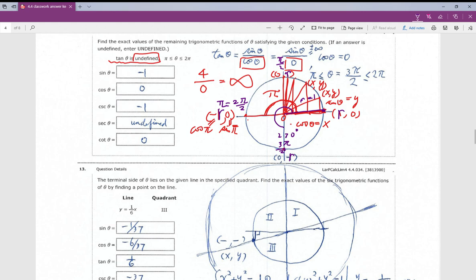So go back to tangent is undefined. When we have tangent undefined, so let me erase all the marks, too many marks here.